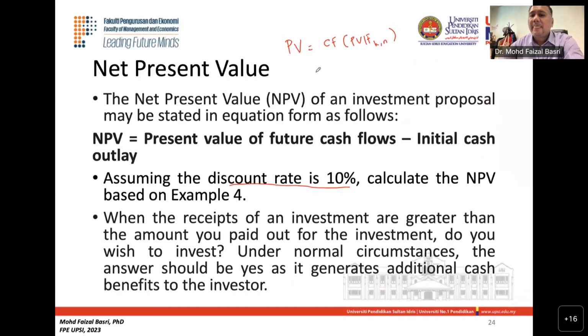Wait, the tedious one is actually the one in the bracket. Because the one in the bracket is actually the interest factor, the one that we want to find. So in order to get the answers for the one in the bracket, there are two ways.